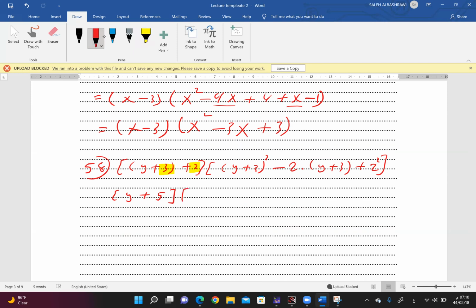Now the second bracket, we can simplify that one to be y squared plus 6y plus 9, minus 2y minus 6, plus 4, which is equal to y plus 5 multiplied by y squared plus 4y, since 6y minus 2y is plus 4y, and 9 minus 6 plus 4 is plus 7.